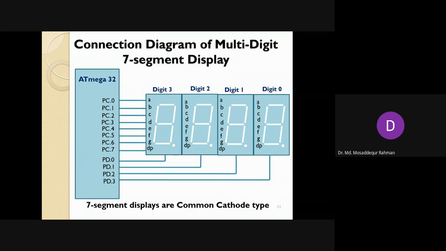So in that case, how do we work? If I have 4 digits, then for each digit there will be 8 pins, and you will need to connect to 8 ports. For 4 digits you need to connect to 4 ports, so that will take up all the 32 input output pins of the microcontroller.